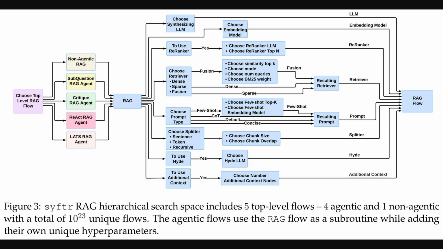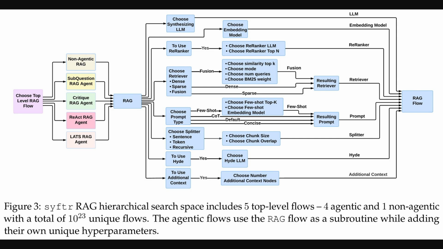Alright, so this figure expands on that vast search space, showing us syftr's hierarchical approach. It starts with choosing from 5 top-level retrieval augmented generation flows, 1 non-agentic retrieval augmented generation flow, and 4 distinct agentic types: a sub-question retrieval augmented generation agent, a critique retrieval augmented generation agent, the React retrieval augmented generation agent we talked about, and something called a LATS retrieval augmented generation agent.